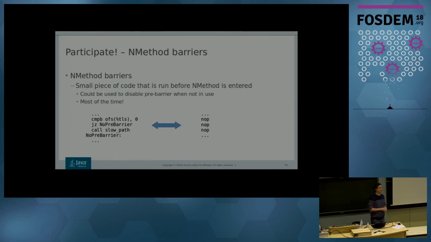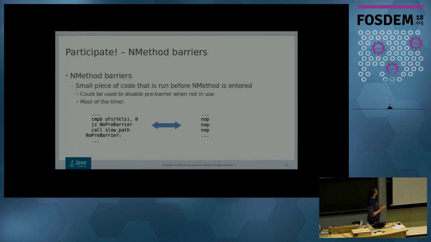In particular, G1 uses so-called write barriers for every reference write. And that write barrier, or part of that write barrier, isn't used all the time. Actually, it's used only during the very, very small marking part of the garbage collection cycle you saw before. But at the moment it's active all the time, there needs to be some code executed for that, and that, as I've learned yesterday, could give up to 3% of throughput.